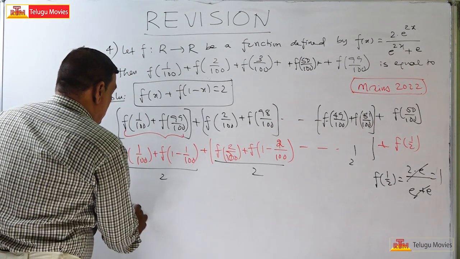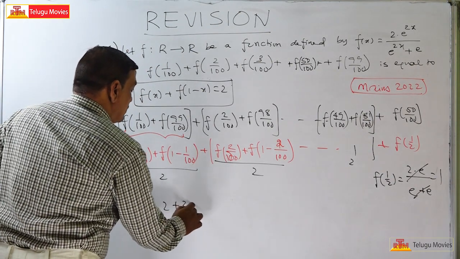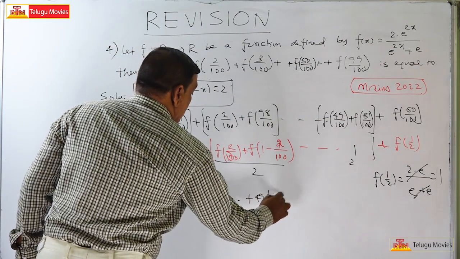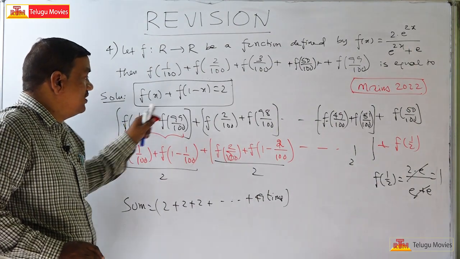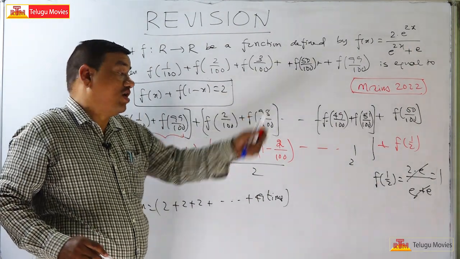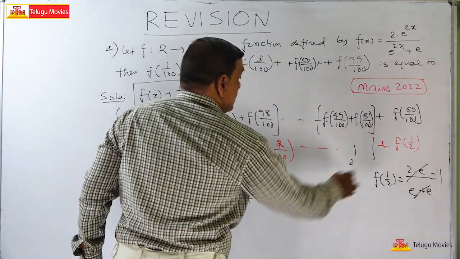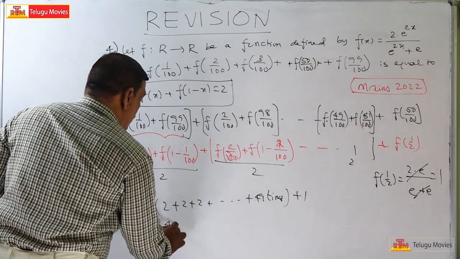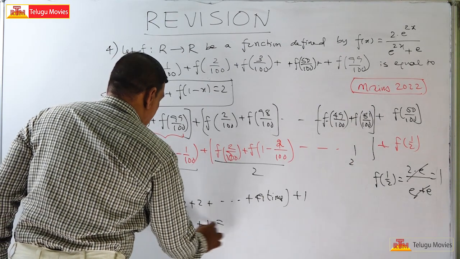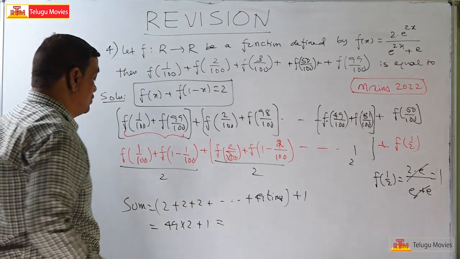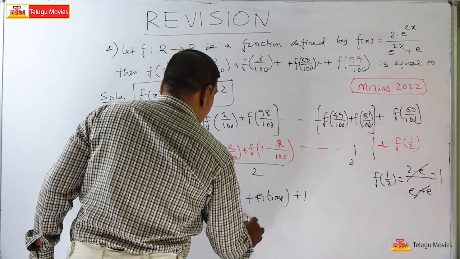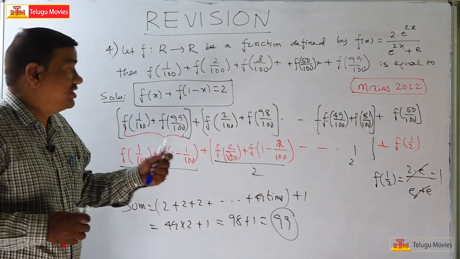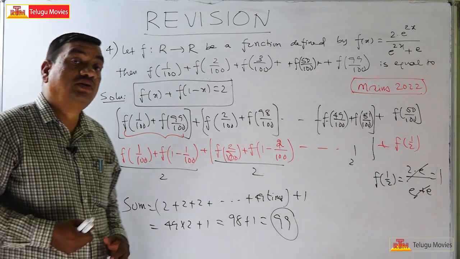Now our total sum is 2 plus 2 plus 2 and so on, 49 twos, plus the extra f of 1 by 2, that is 1. So this is 49 into 2 plus 1, which is 98 plus 1, total 99. It is an integer type question, so 99 will be the final answer.